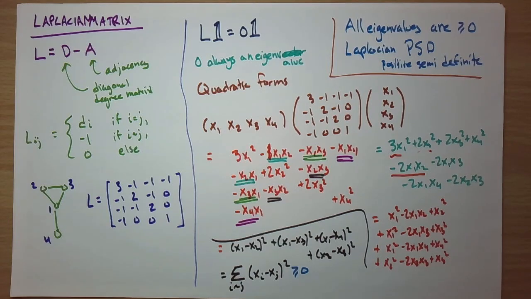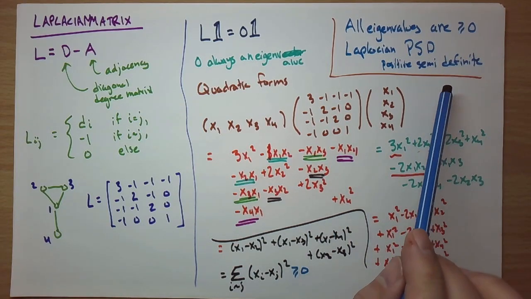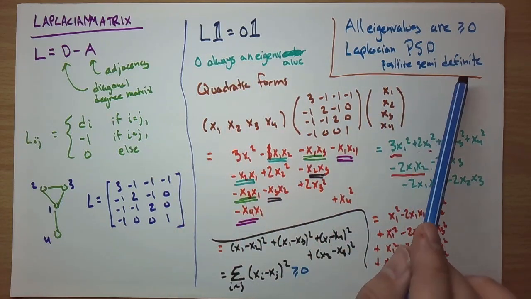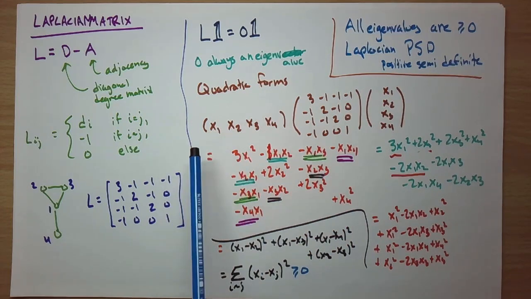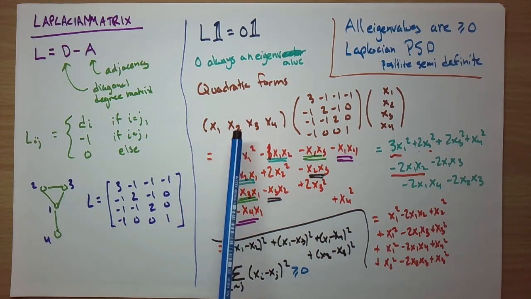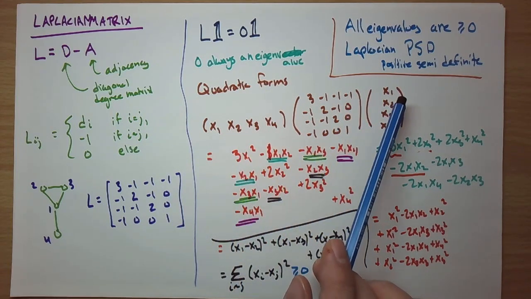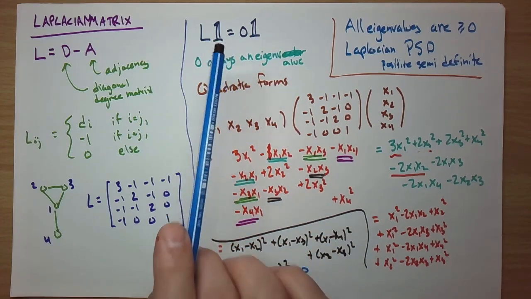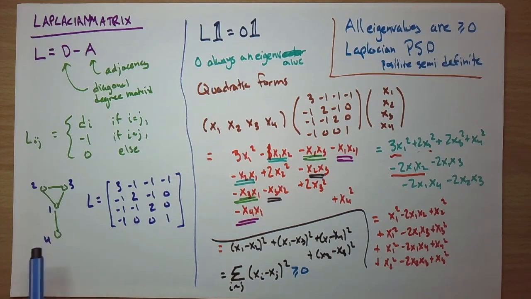And we know 0 is an eigenvalue, so it's definitely semi-definite. It's not positive definite. Can't be, we have a guaranteed eigenvalue 0. Next time we will argue that if you know how many times 0 is an eigenvalue, you know how many components it has.